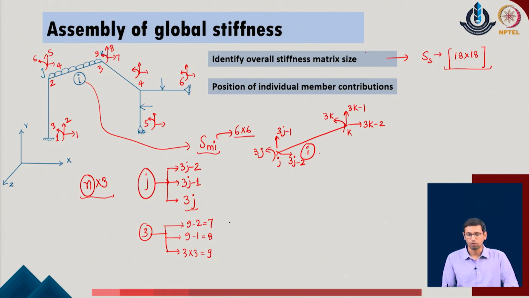So, what we realize now is that the stiffness matrix which we are going to get for the global system is an 18 cross 18 matrix, which are the total number of degrees of freedom in the given problem, and out of that the individual member I, which is located with the two joints j and k at the ends, is going to contribute to the degrees of freedom at the positions of 3j minus 2, 3j minus 1, 3j and 3k minus 2, 3k minus 1 and 3k in the given system.